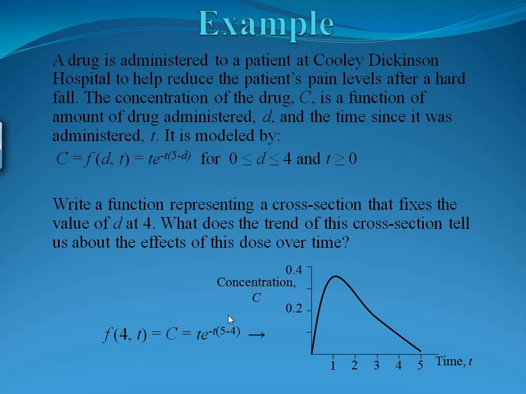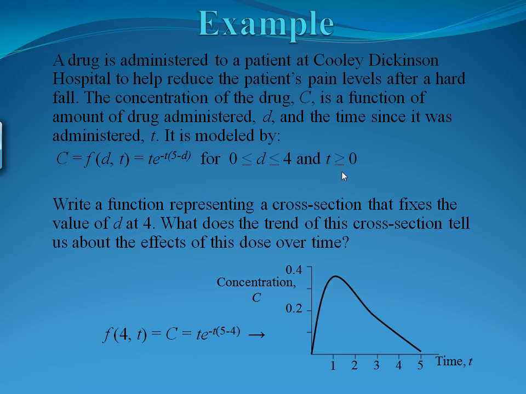Suppose a drug is administered to a patient at Cooley Dickinson Hospital to help reduce the patient's pain level after a hard fall. The concentration of the drug, capital C, is a function of the amount of drug administered, D, and the time since it was administered, T, and can be modeled by C equals f of d comma t equals t e raised to the negative t times 5 minus d, where d, the amount of drug, is between 0 and 4 milligrams, and time will be positive.